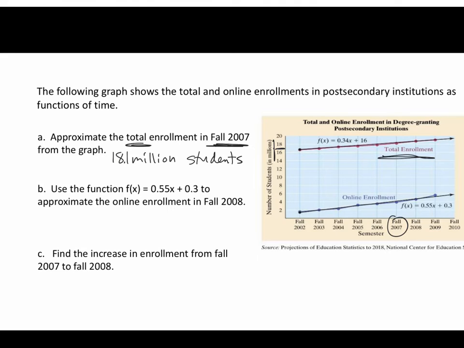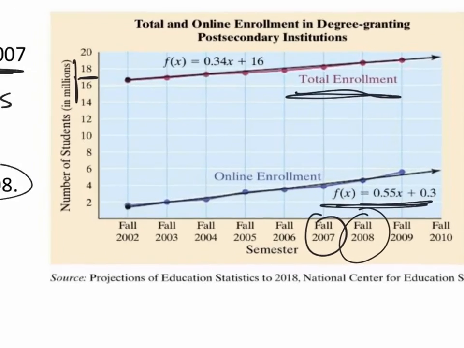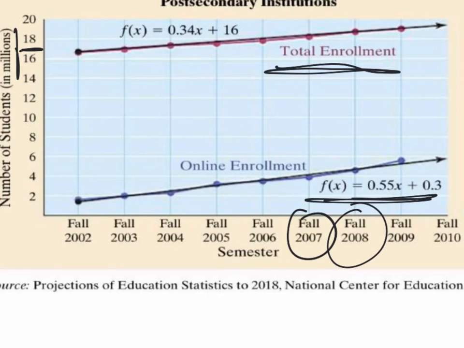For part B, use the function f of x equals 0.55x plus 0.3 to approximate the online enrollment in fall 2008. So let's go ahead and look at the graph for f of x, and fall 2008 is here, so we're going to zoom in a bit. And the point is right there, and that's definitely above this line.